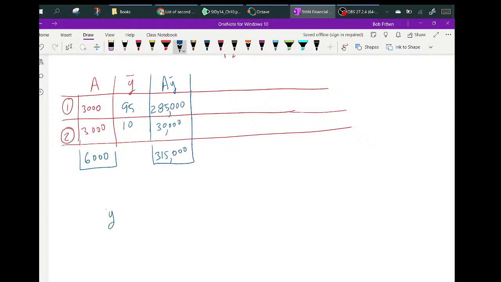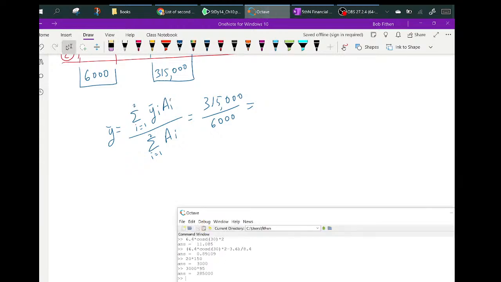Now, y bar is going to be equal to the sum of all my i's, in this case 1 to 2, of y sub i bar a sub i over the sum i equals 1 to 2 of a sub i, which would be 315 over 6,000, or move it to the top so I can do this.